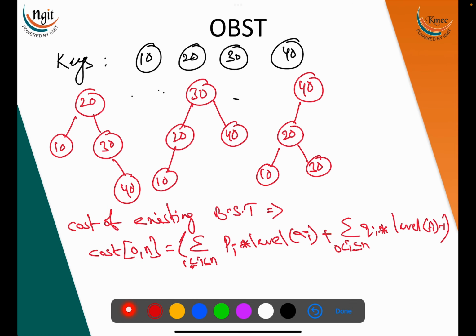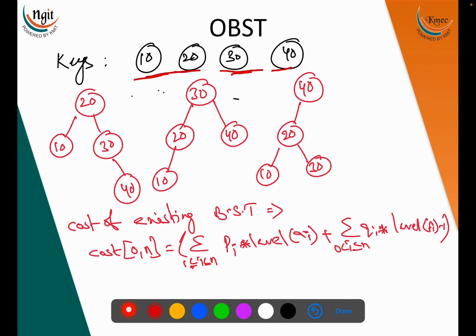Now let's get started. Before this video we discussed an example where I had taken 4 keys to find out the cost. The way I proceeded is, once I was given the number of keys and the names of the keys, I started to find how many binary trees are possible.